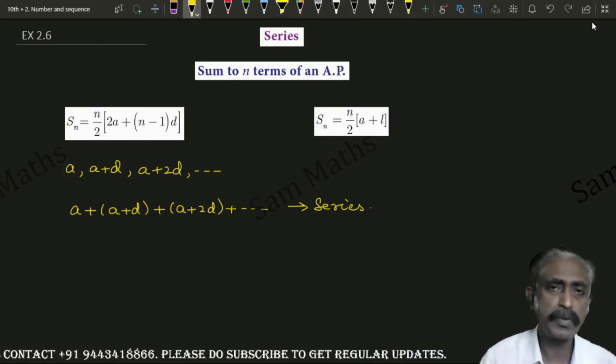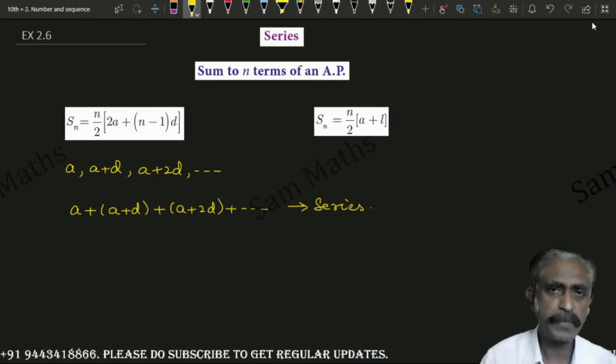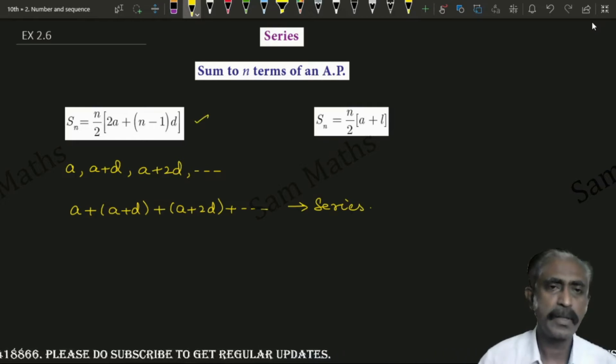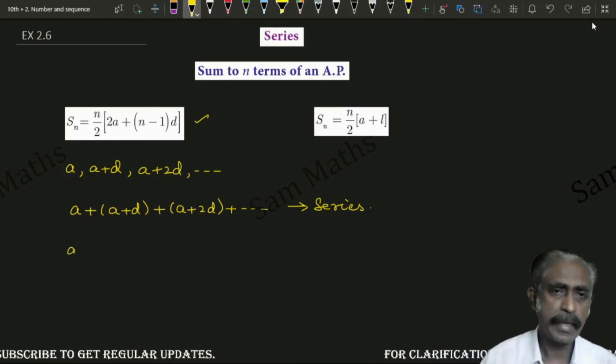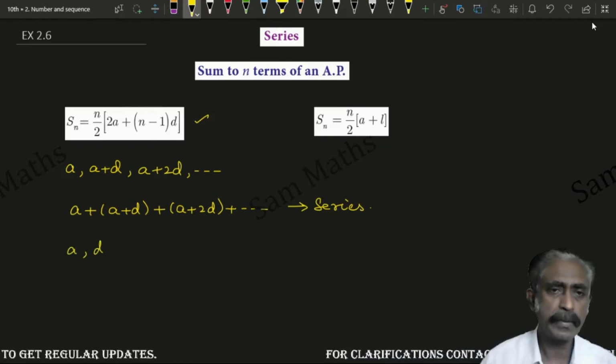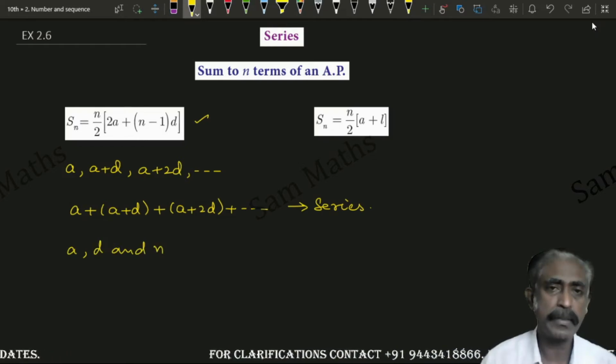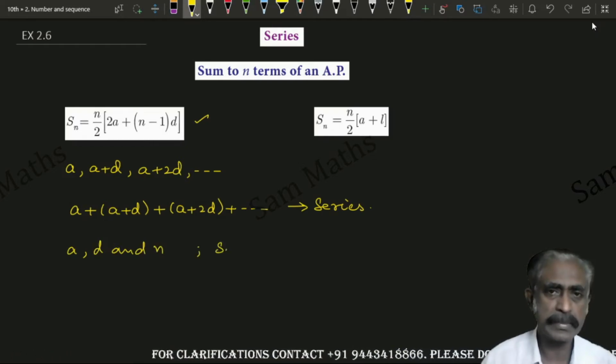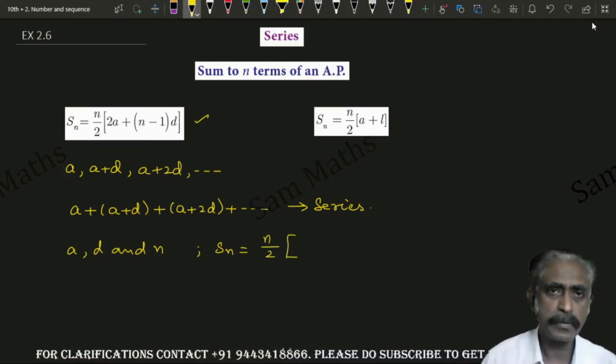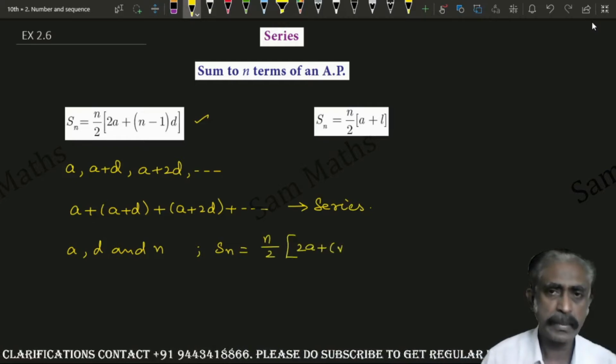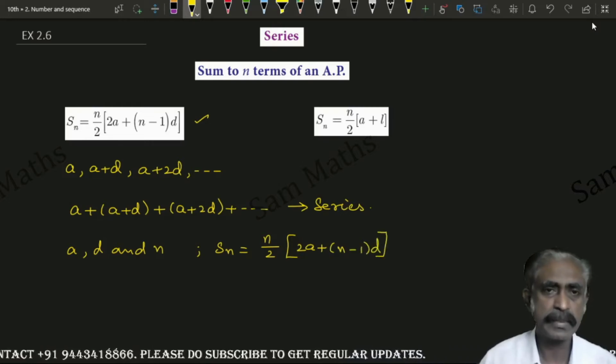For that, they given two formulae. The first formula you can use if you know the values A, then D and N. If you know these three data, you can use the formula Sn is equal to n by 2 into 2A plus n minus 1 into D. Clear, children?